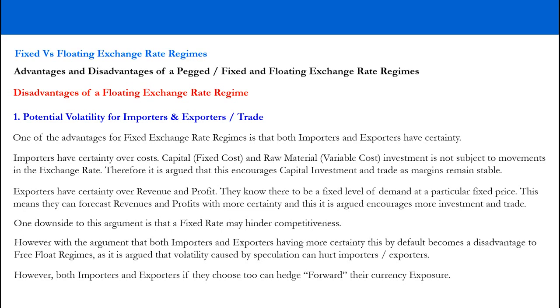What you've also got to remember is that if there is volatility in exports and imports in a free floating regime, both importers and exporters can actually go into the financial markets and hedge forward their currency exposure. We're going to look at this in a bit more detail later.